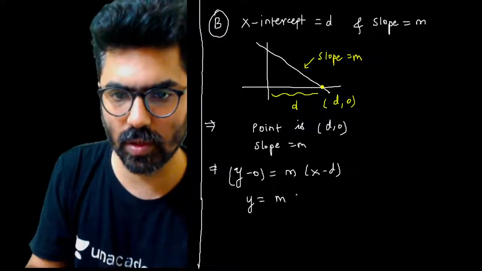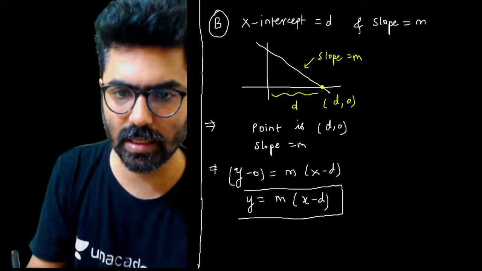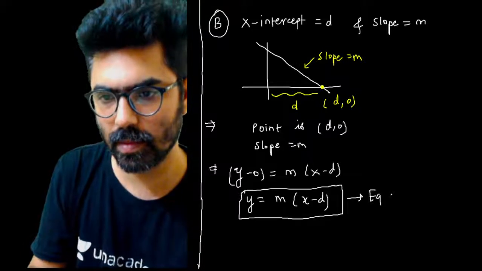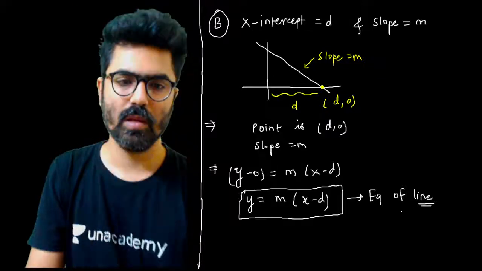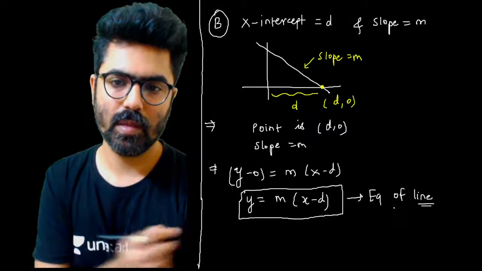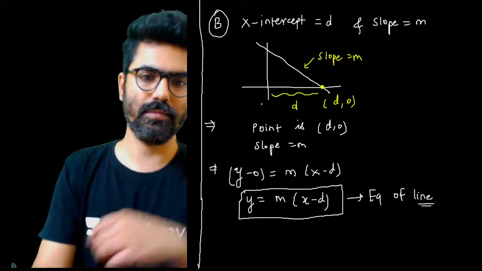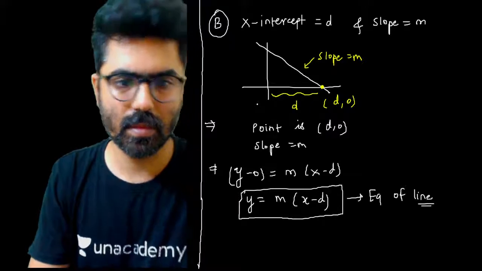So y is equal to M times x minus D, where D is the x-intercept. This is the required equation of line when x-intercept is given, and the slope is given. I hope this is clear.